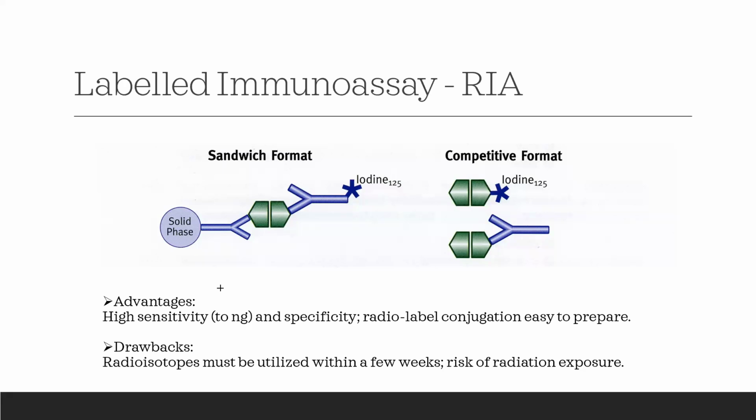Also, radiolabel conjugates are easy to prepare. It obviously has drawbacks. The first is the risk of radiation exposure. Second, the radioisotopes must be used within a few weeks' time, so it cannot last very long once it's prepared.